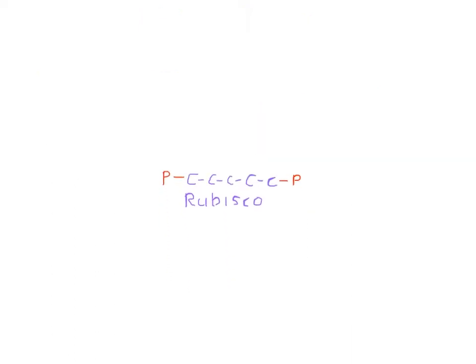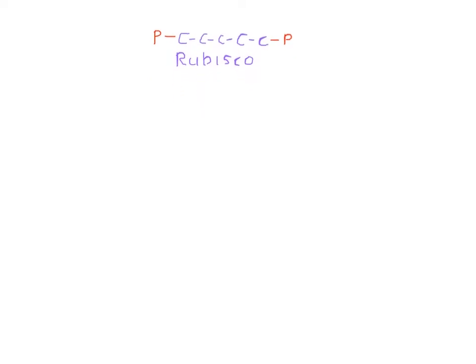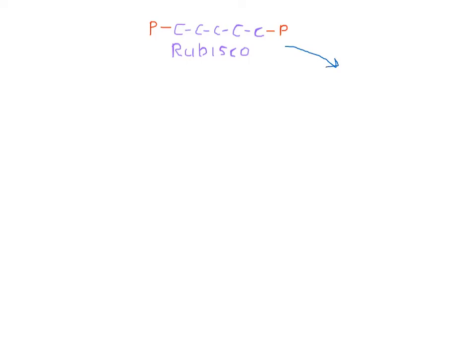The protein rubisco has 5 carbon atoms and 2 phosphate groups, and it begins the Calvin cycle. Next, 1 molecule of carbon dioxide gas is added from the atmosphere. This causes rubisco to become a 6-carbon molecule like this.